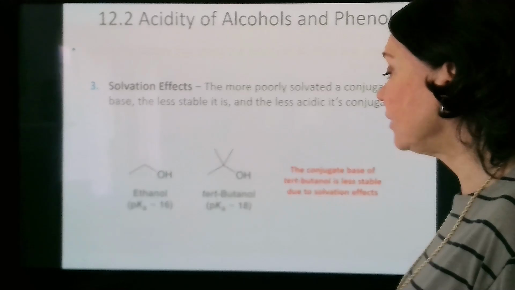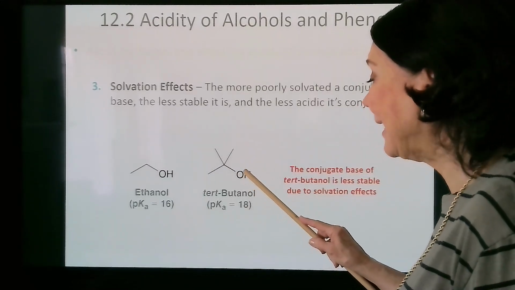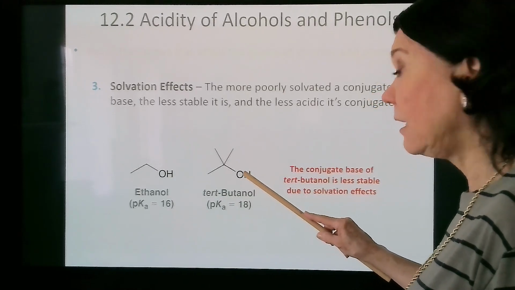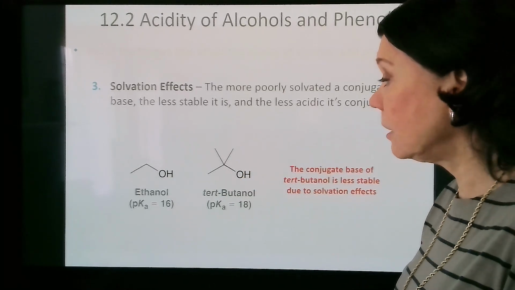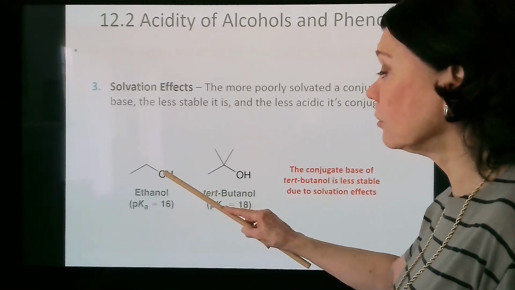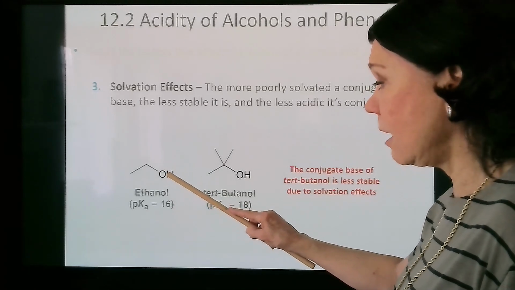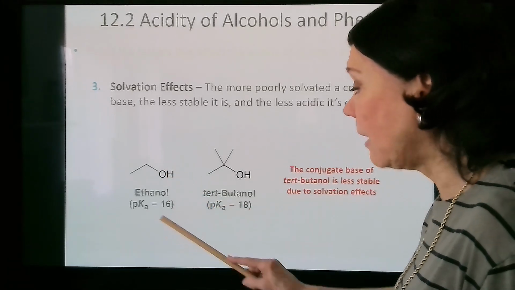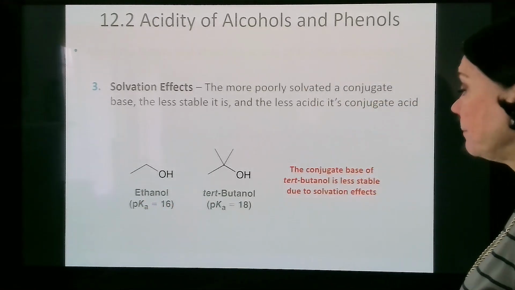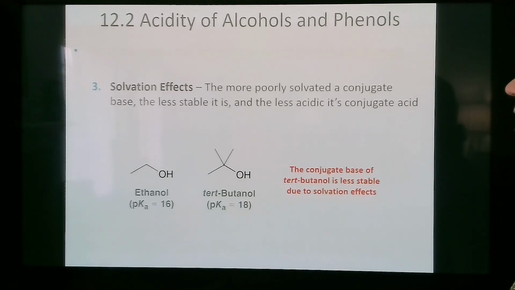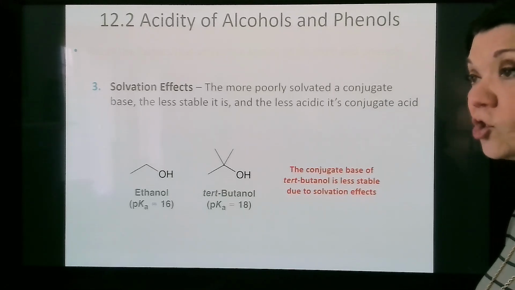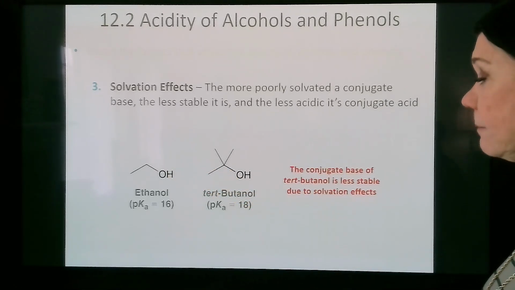And so what happens is, since this one is much more sterically hindered, solvent cannot crowd around the negative charge in order to stabilize it. But over here, there's not so much steric hindrance, and so it is possible for the solvent to crowd around O- and stabilize it. And so that's why ethanol is a little bit more acidic. And so that's called solvation effects. It's really not solvent effects because you're not changing the solvent. Both of these are in the same solvent.